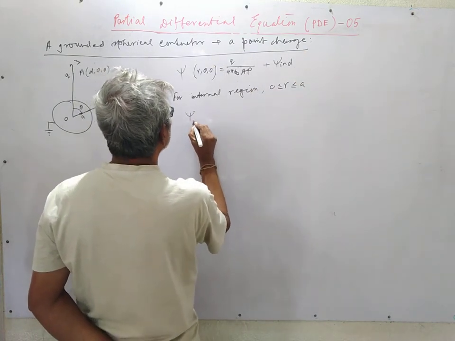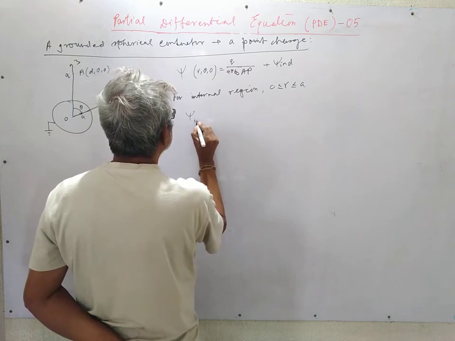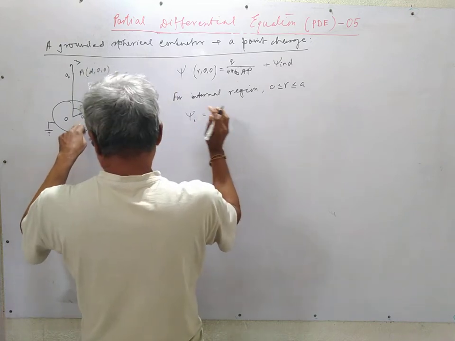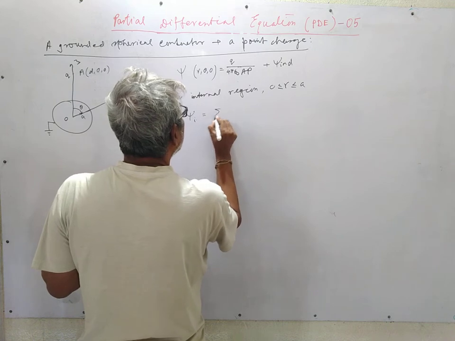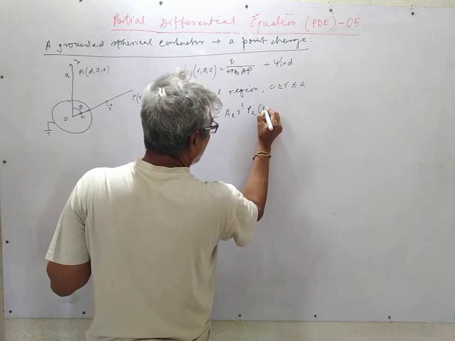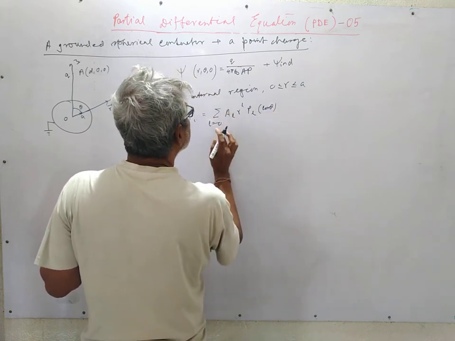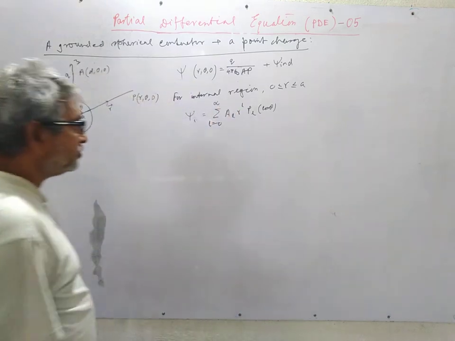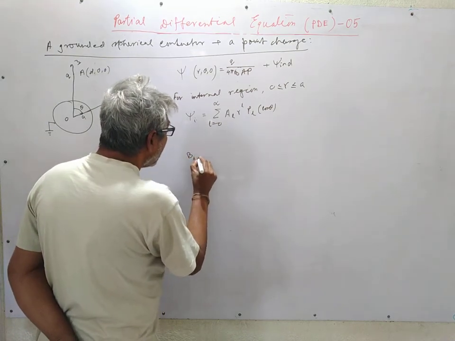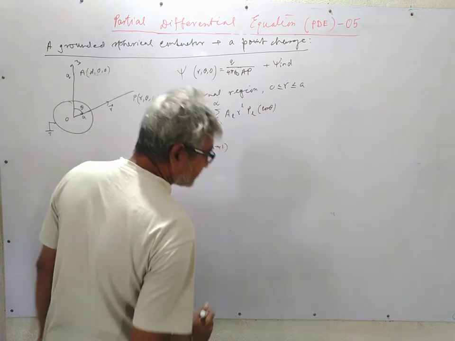So phi induced in the internal region will have the form A_L r to the power L P_L of cos theta, because this region includes r equal to 0, and the B_L r to the power minus (L plus 1) part has a divergence, so this part is not there.